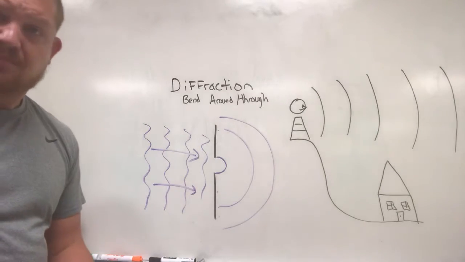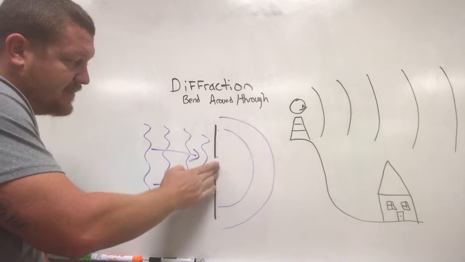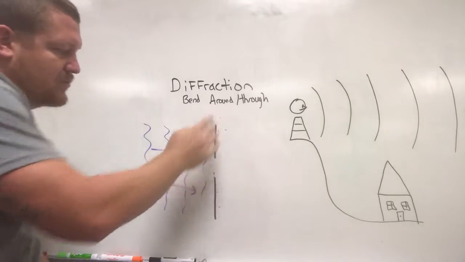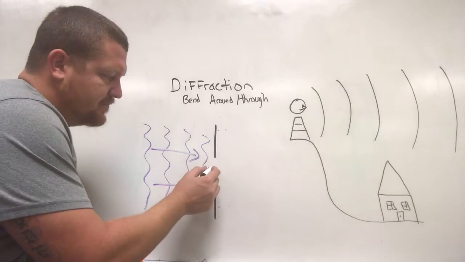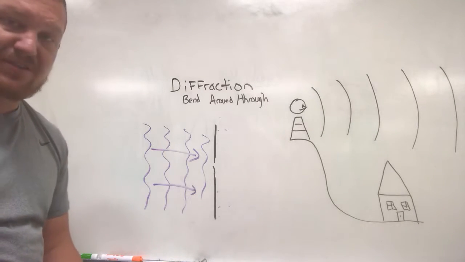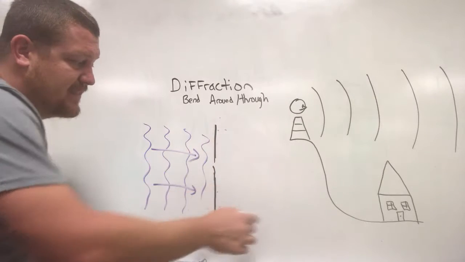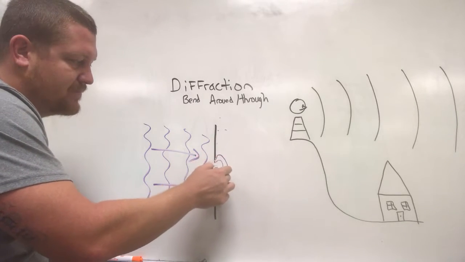Now, what if this hole size was changed? If the hole was smaller, the waves would have to diffract more to get through there and fill up this space.